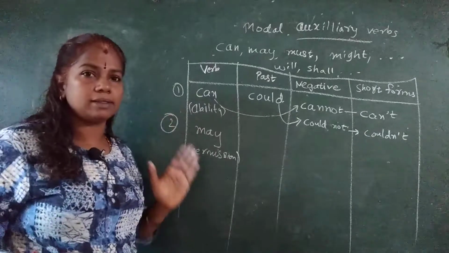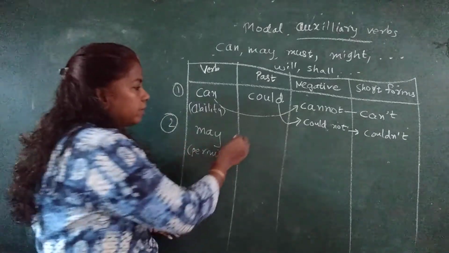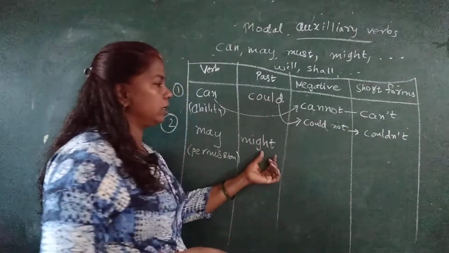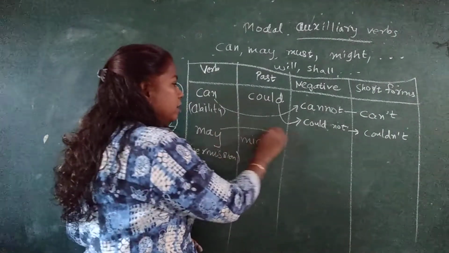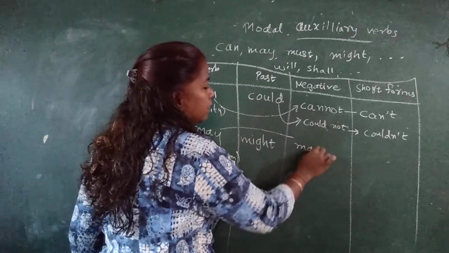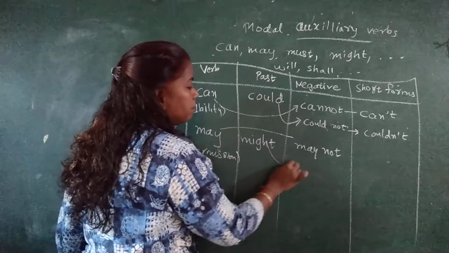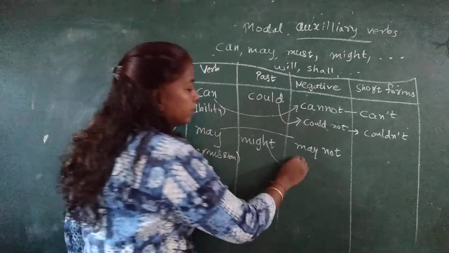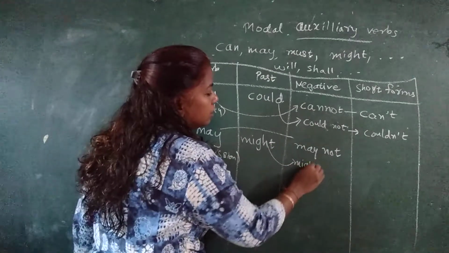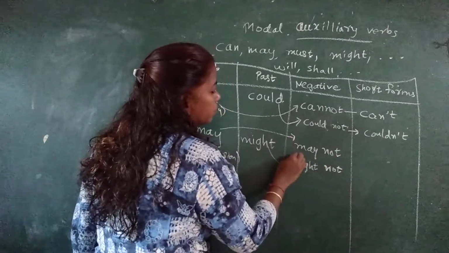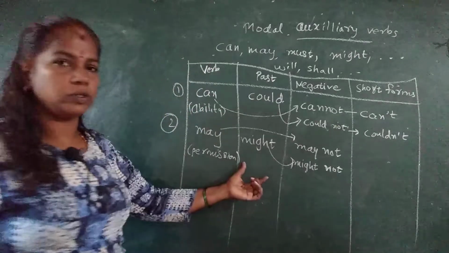What is the past tense of may? Might. M-I-G-H-T. What is the negative form of may? May not. What is the negative form of might? Might not. Now these two understood.